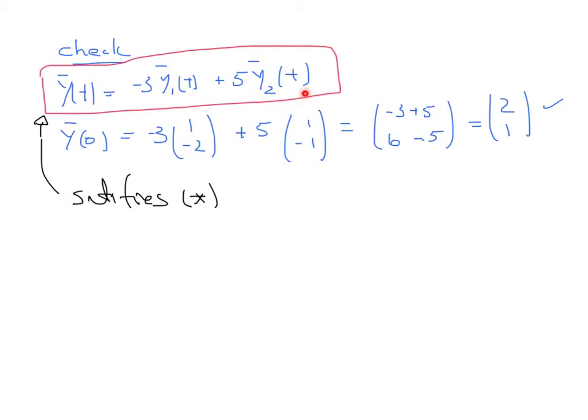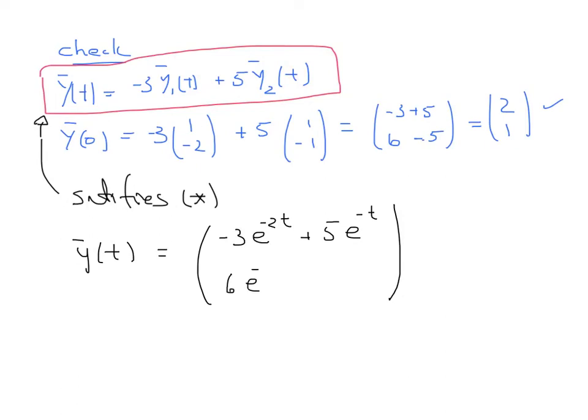And so the one unique function, if I wanted to write it out in more detail, I could say that y of t is (-3e^(-2t) + 5e^(-t), 6e^(-2t) - 5e^(-t)).